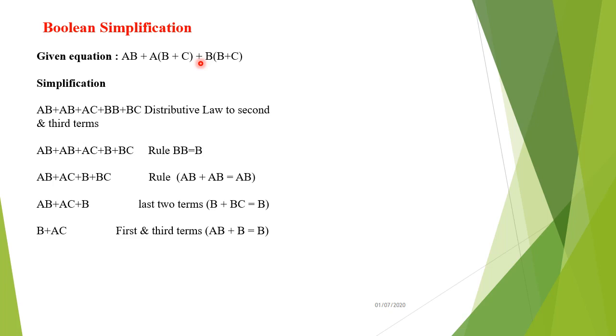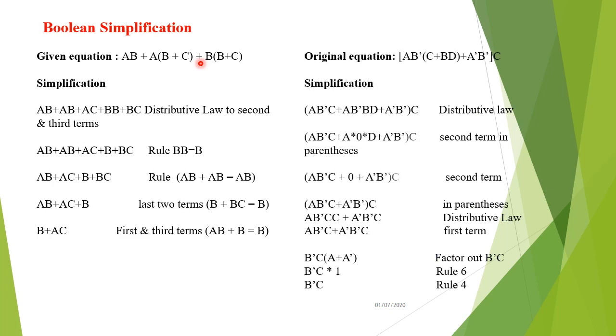Let's check another example of simplification. Here we can see A ANDed with B complement, and that will be ANDed with C ORed with BD.